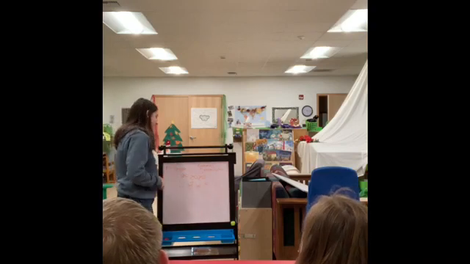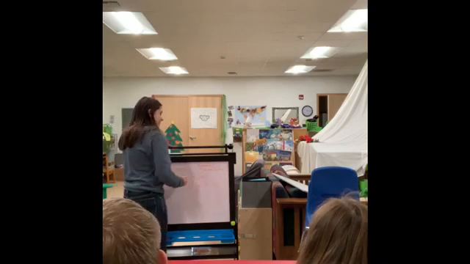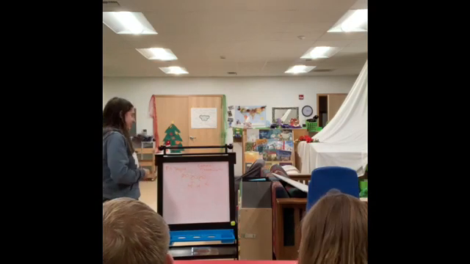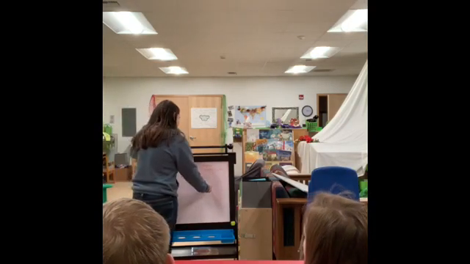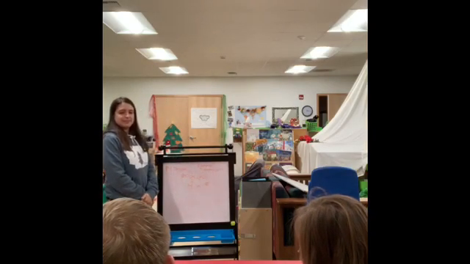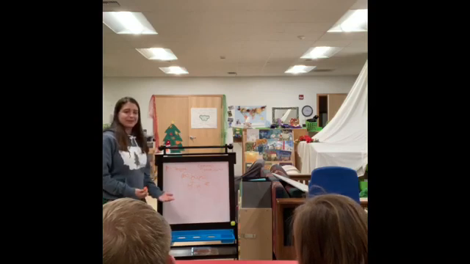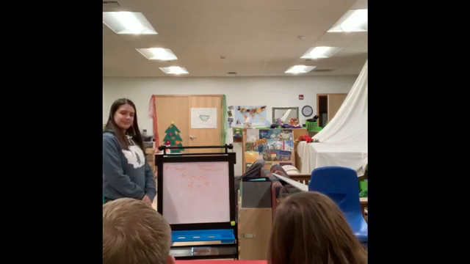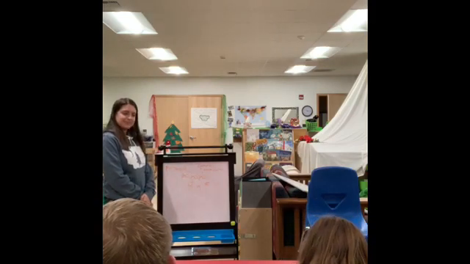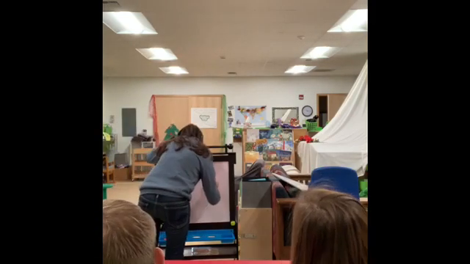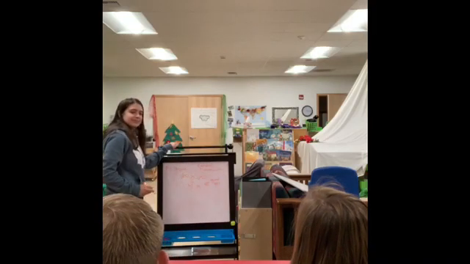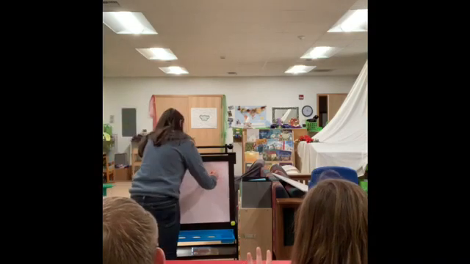So, what we need to do is find a common label for these objects. What kind of category would these fit under, besides dogs or cats? Good, pets. And how many pets do we have? 5 pets.